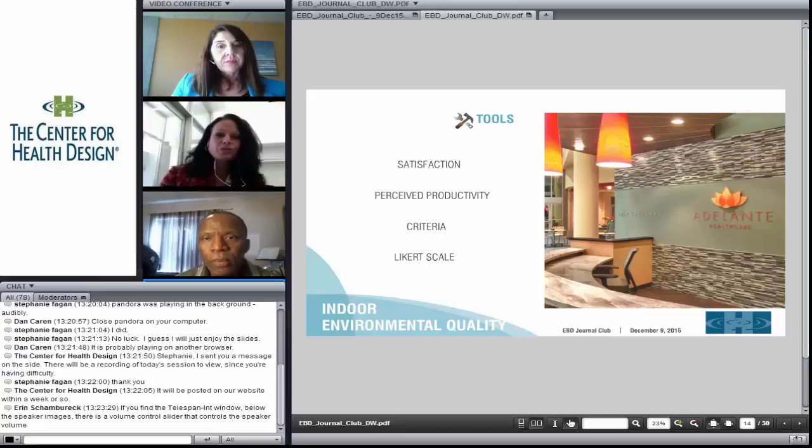In this case, we used the basic 7 criteria, which were air quality, thermal comfort, spatial layout, lighting, acoustics, office furnishings, and cleanliness. They do have additional modules pertaining to sustainability, but because those features are not throughout all 3 sites, we did not use those.